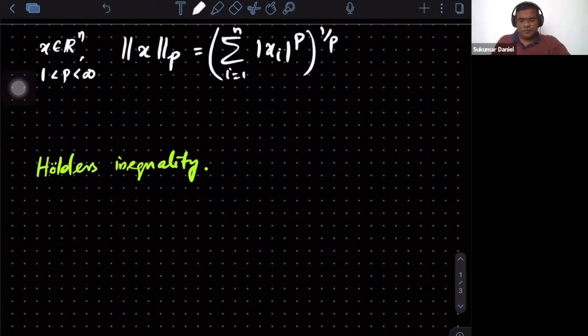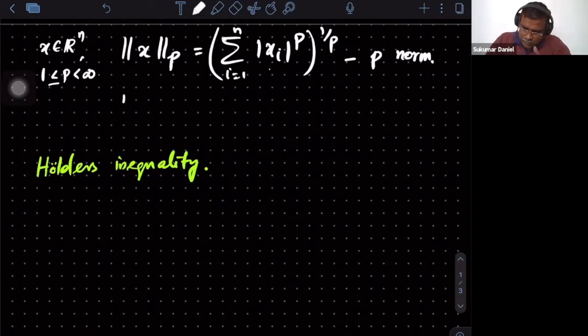This is what is called the p norm. Check that this definition works out with whatever we have already learned, even for 1. Even if I consider 1, it is the summation of the mod xi. That's what we call the 1 norm.